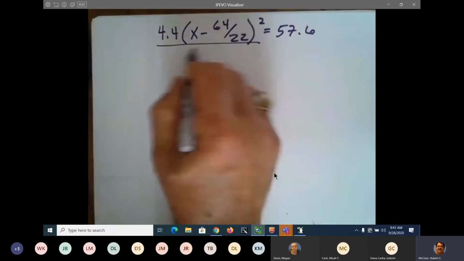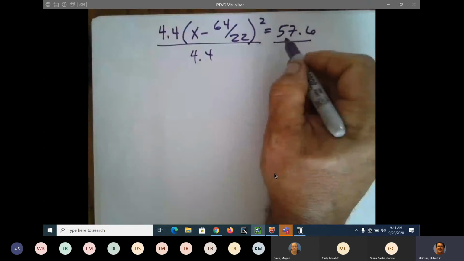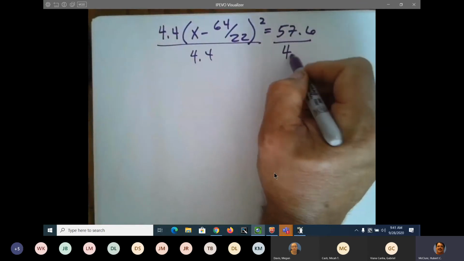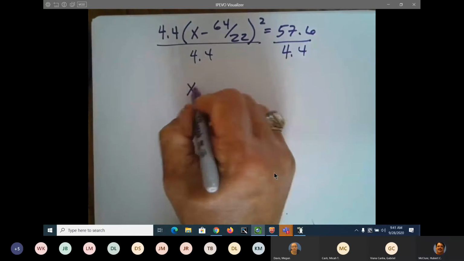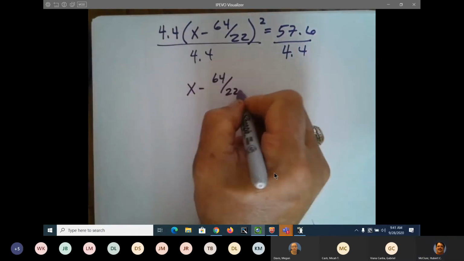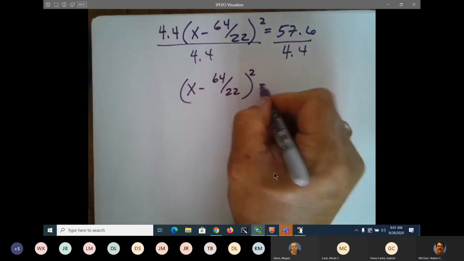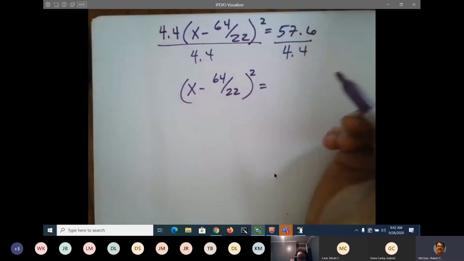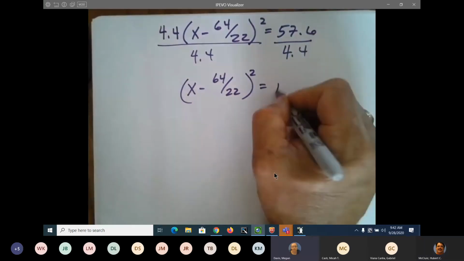Divide by 4.4, and if you would, take 57.6 and divide by 4.4, please. What do you get? 13.09.